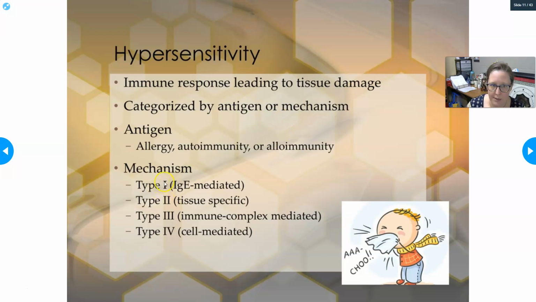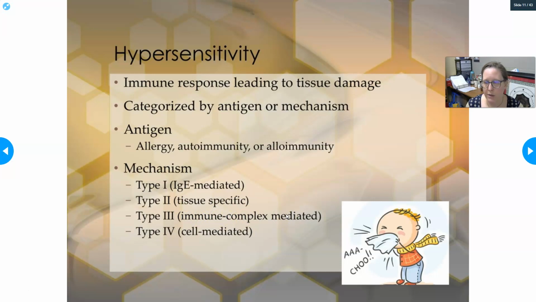You can also classify hypersensitivity by mechanism. So you have type 1, type 2, type 3, and type 4. Type 1 is IgE mediated. This is typically what we think of when we think of allergies. We're going to look at all of these. Type 2 is tissue specific. This is more like ABO incompatibilities. Type 3 is going to be immune complex mediated.